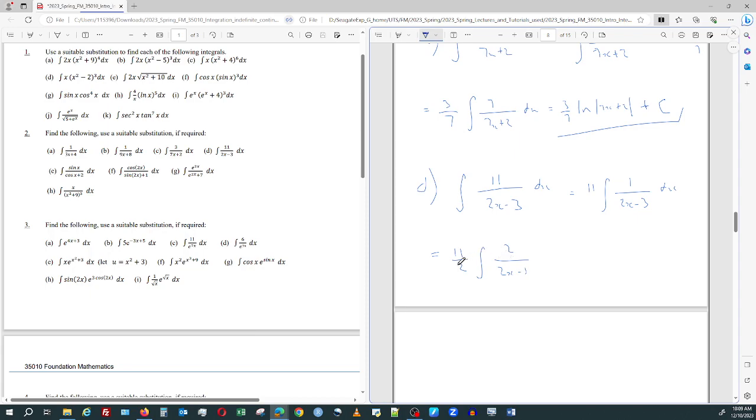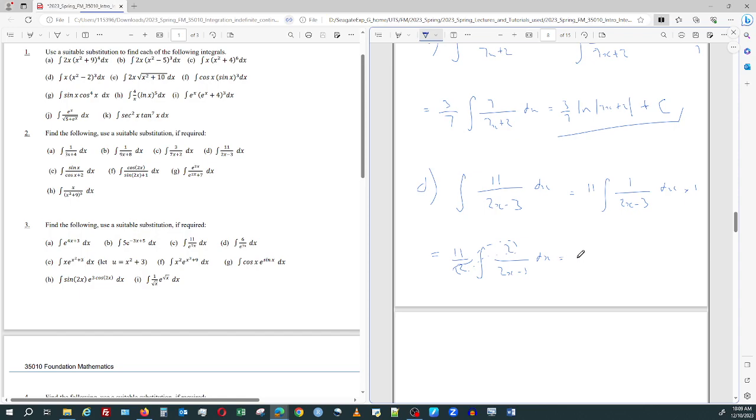We introduce this thing times by 1, in the form of the 1 was 2 over 2. And if we ask the question, is the derivative there? Yes, it is.